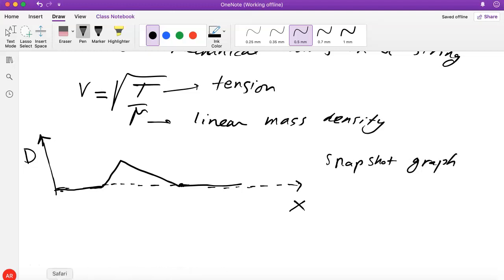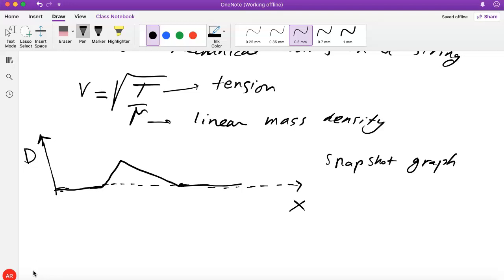Today we want to continue our discussion of snapshot graphs and how they change as time goes on, and then from this think about a dual picture called the history graph, where we focus on one point along the string and look at its displacement as a function of time.